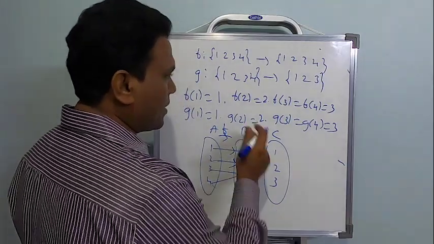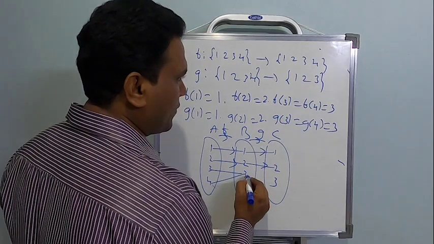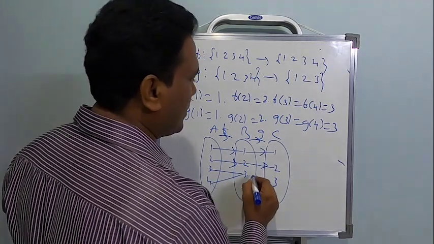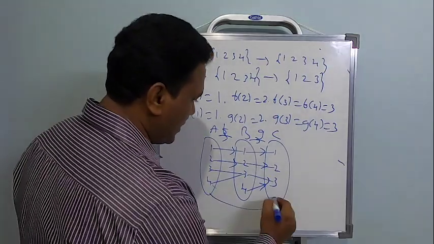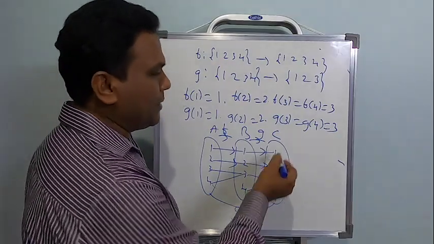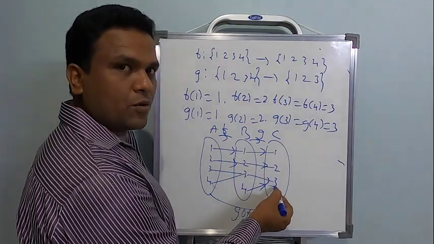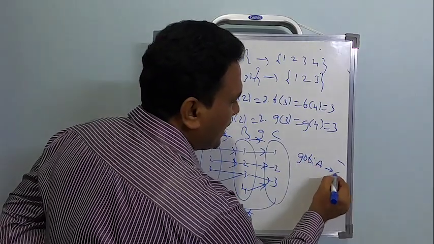And according to the next one, g of 1 is 1, g of 2 is 2, g of 3 is 3, and g of 4 is also 3. And g of f is a function from set A to set C. Is it onto? Clearly yes, because every element of the codomain is covered.